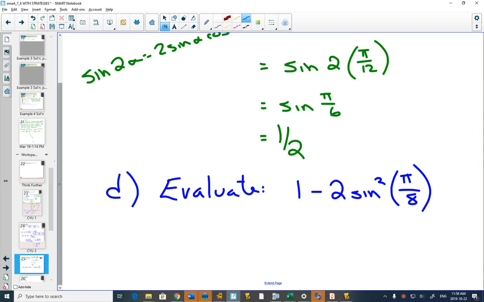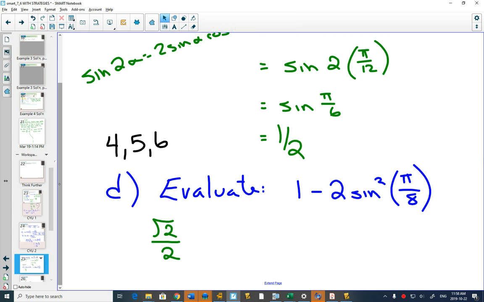So since you're trying this one, I will just write down the answer for this one. You should get root 2 over 2. If you have trouble with that, call me over. And if you do get root 2 over 2, you can work on questions 4, 5, and 6.